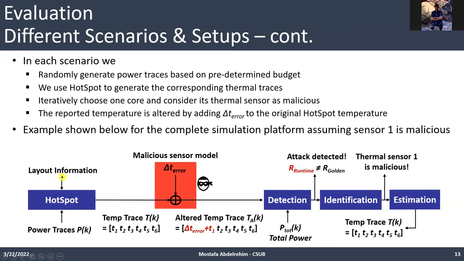We provided the layout information and the power traces. Then HotSpot will give us the temperature traces for each core. Then we manually introduce the delta T error, and then we apply our BIC, phase detection, then identification, and finally the estimation, which of course will correct delta T plus T1 into T1 again.